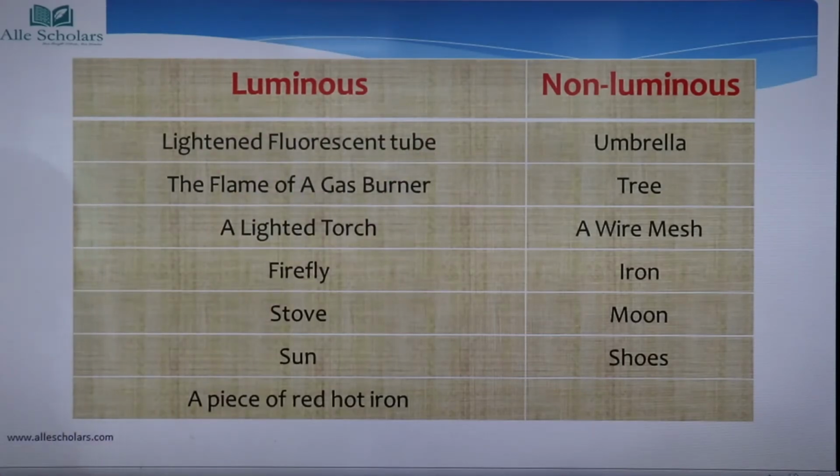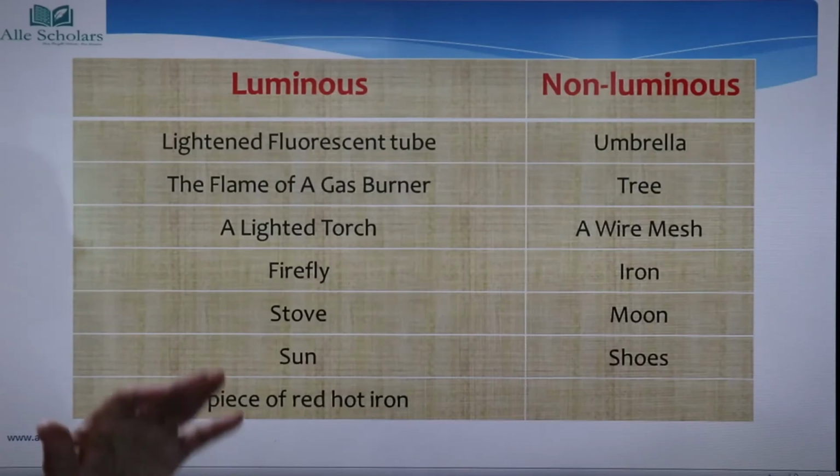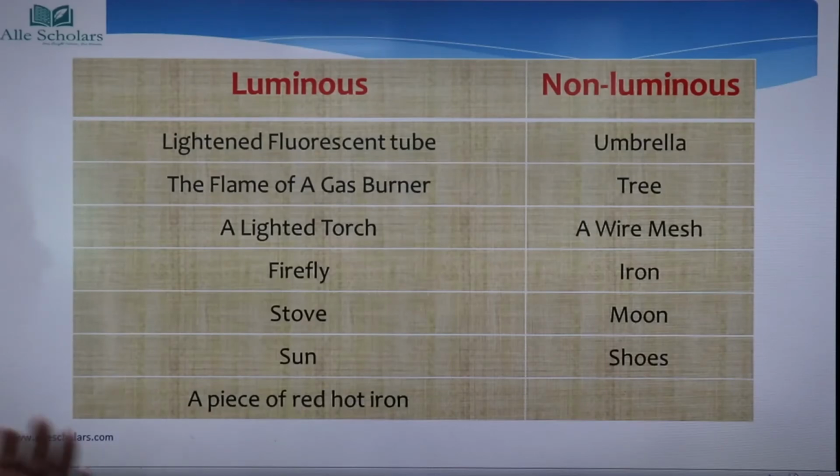Now comes the non-luminous objects. Umbrella. How can we see an umbrella? We can see an umbrella if sunlight falls on it, or if a tube light or any other kind of light falls on it, it gets reflected back to our eyes and we are able to see these non-luminous objects like an umbrella, a tree, a wire mesh, an iron. The moon we are able to see because sunlight falls on the moon and the moon's surface reflects that light back towards the earth.